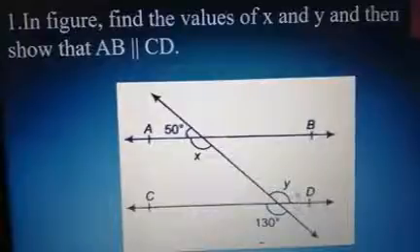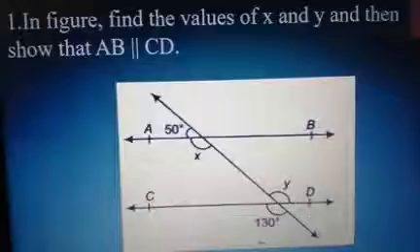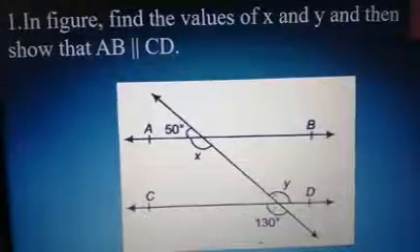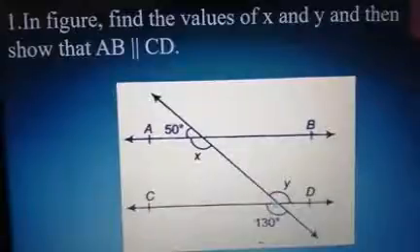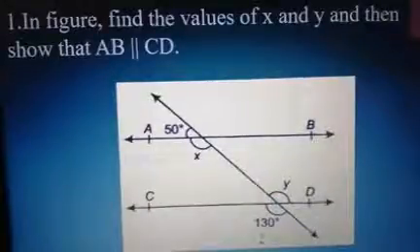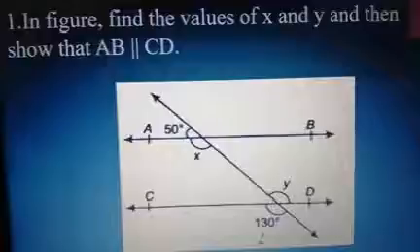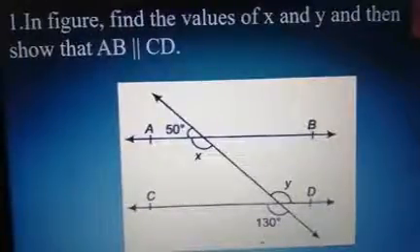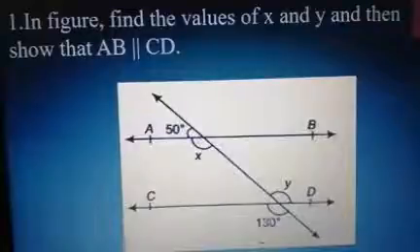When two lines intersect, vertically opposite angles are formed. Can I say that these two are vertically opposite angles? Yes. And what is the result? With respect to vertically opposite angles, they are equal. So automatically I get the value of y here. Correct? So the value of y will be equal to 130. That's the first step you are going to do.